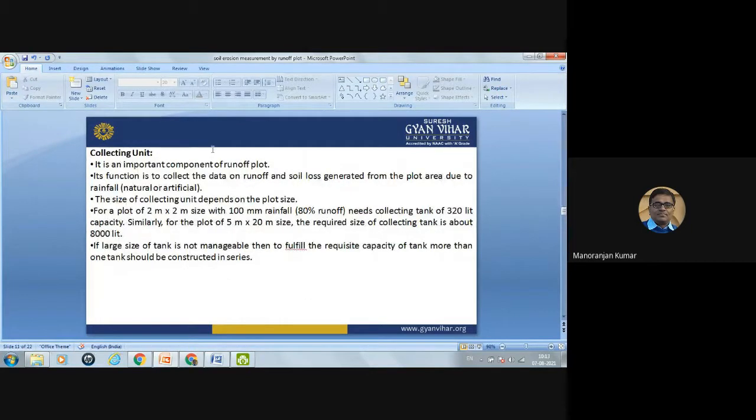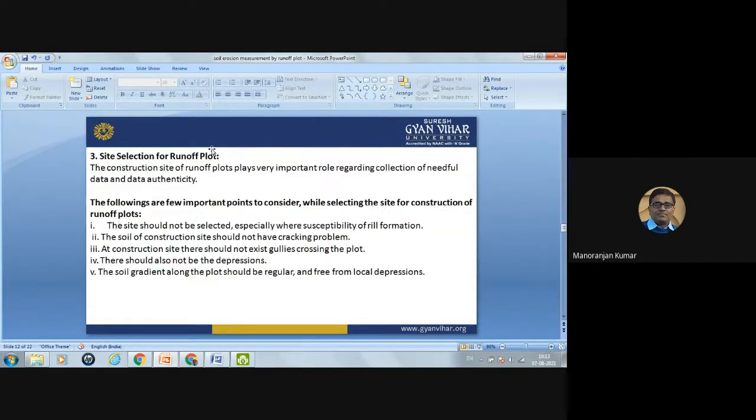Also, we have seen the collecting unit, because all the runoff or sediment will be collected at some point. That point is the collecting unit. So what should be the size of the collecting unit? We have studied about this. And also we have seen the site selection.